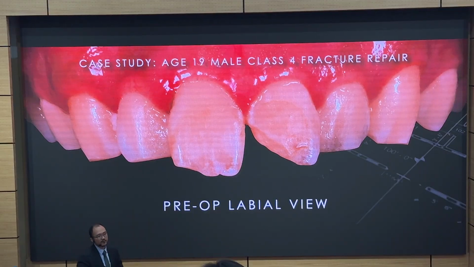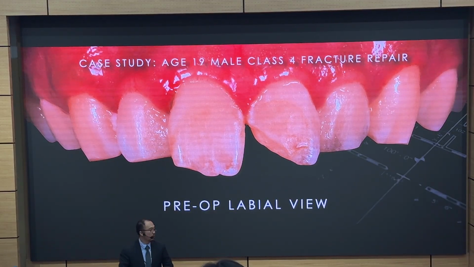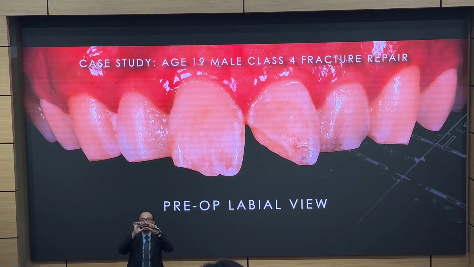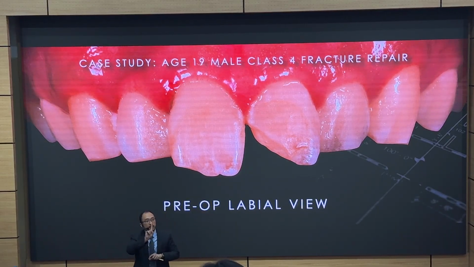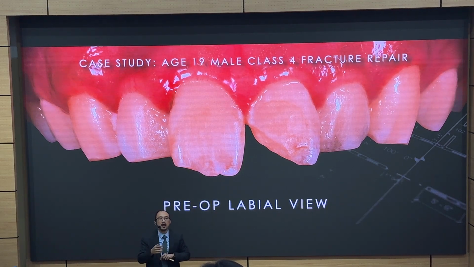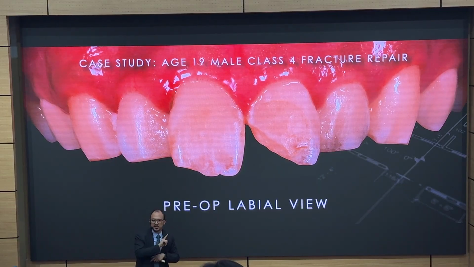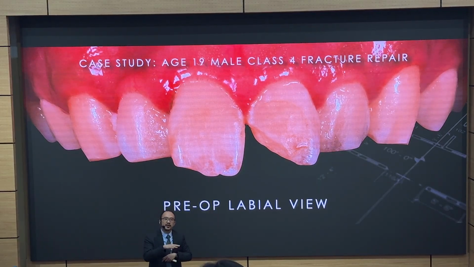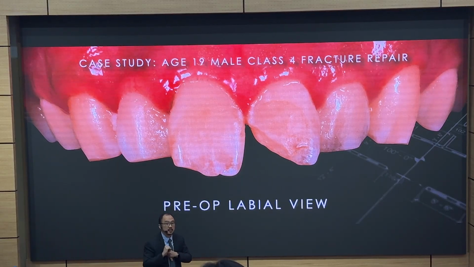Now, typically when we have a class 4 case like this, how we are normally doing it is that we would put a clear strip, use our finger to put on the back of the tooth, and build the tooth up as well as we can, and then adjust. The problem with that is it's quite hard for me to, A, I'm going to waste a lot of time adjusting teeth.